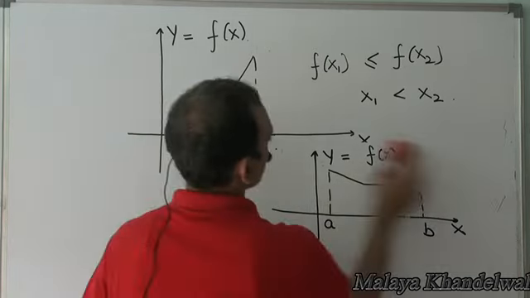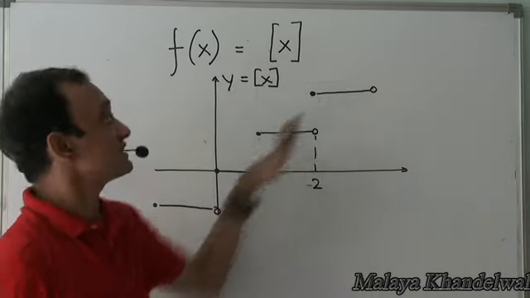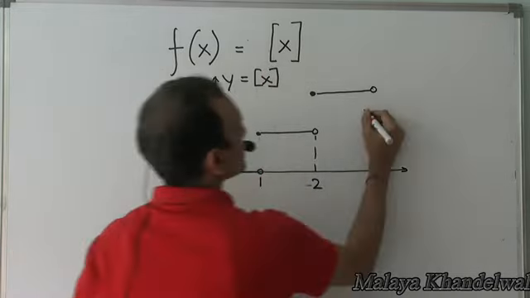From 2 to 3, it remains 2. And so on and so forth. This is the graph of y equal to floor x. This is monotonically increasing. Increasing, that means non-decreasing, or simply increasing. So floor x is monotonically increasing.